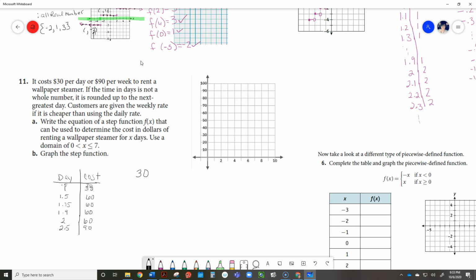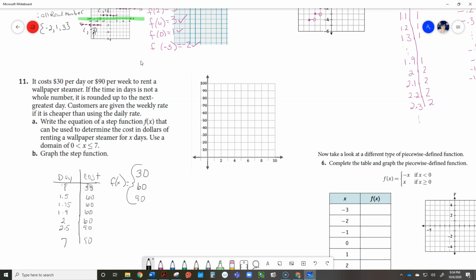You're going to pay $30 as long as you keep it for up to a day. You're going to pay $60 if you keep it anywhere between 1 day and 2 days. And you're going to pay $90 if you keep it anywhere beyond 2 days, and we can only keep it up to 7 days. So those are the 3 payments. That's going to be my function right there.